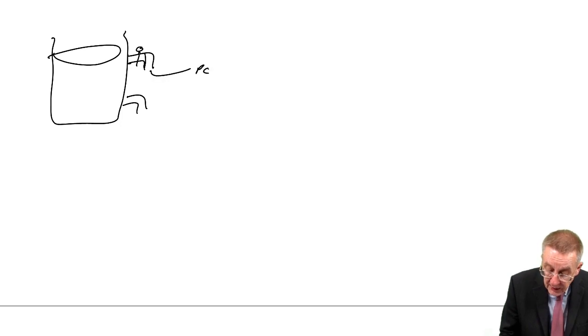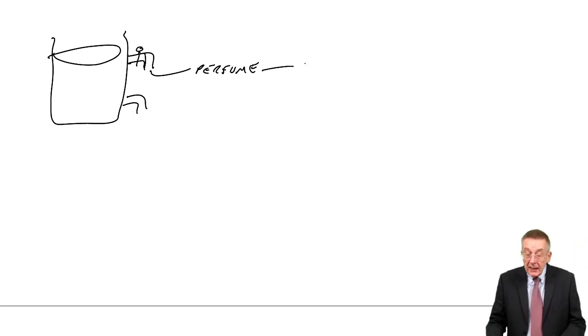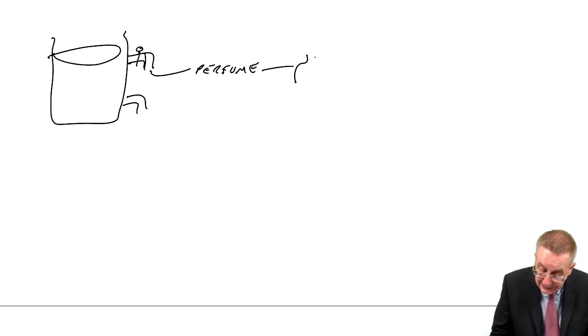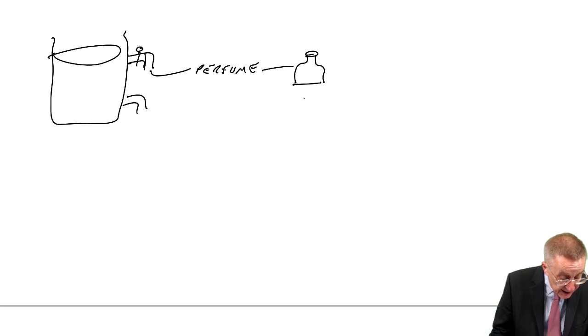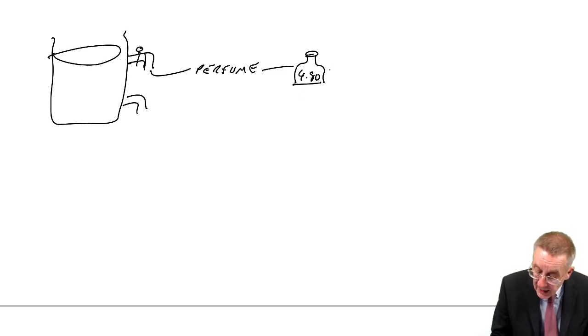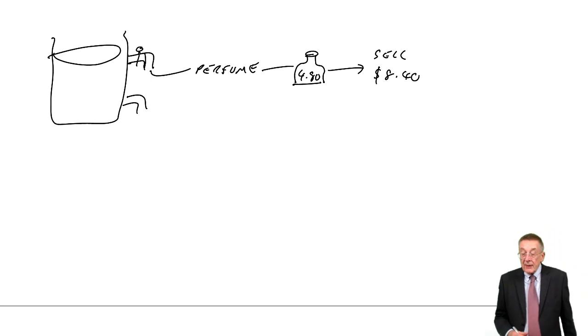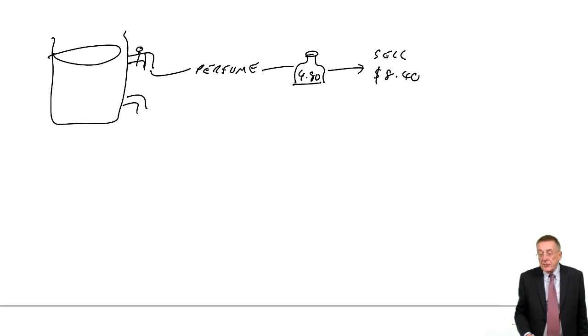Out of the top one comes perfume, which I can't spell. But before we can sell it, we need to put it in a bottle. And that bottle costs us, the further processing, $4.80. And then we can sell it for $8.40. So it's not worth $8.40 when it comes out of the process.